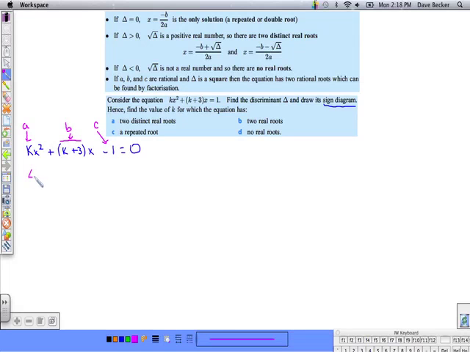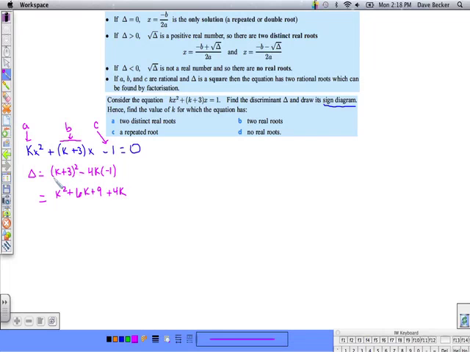So delta is going to equal b squared, so that's (k plus 3) squared, minus 4 times a, which is k, times negative 1. Simplifying that, that's going to be k squared plus 6k plus 9 plus 4k.